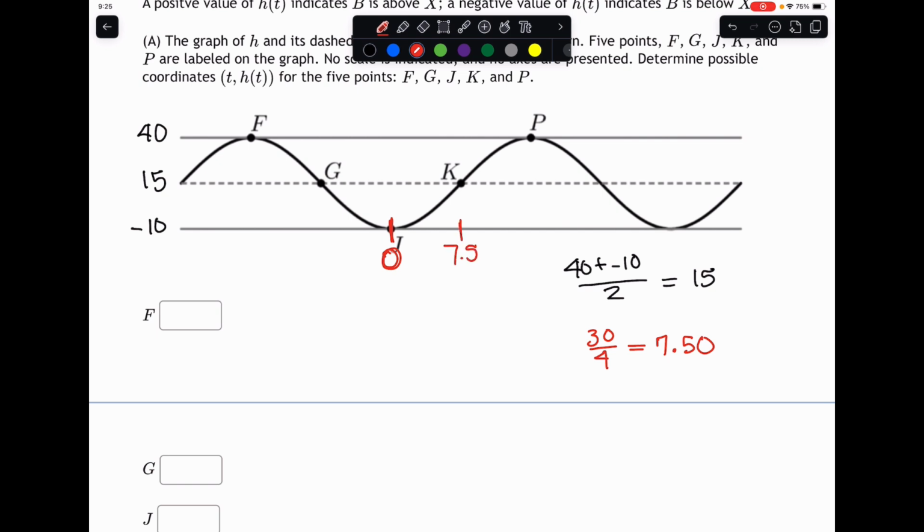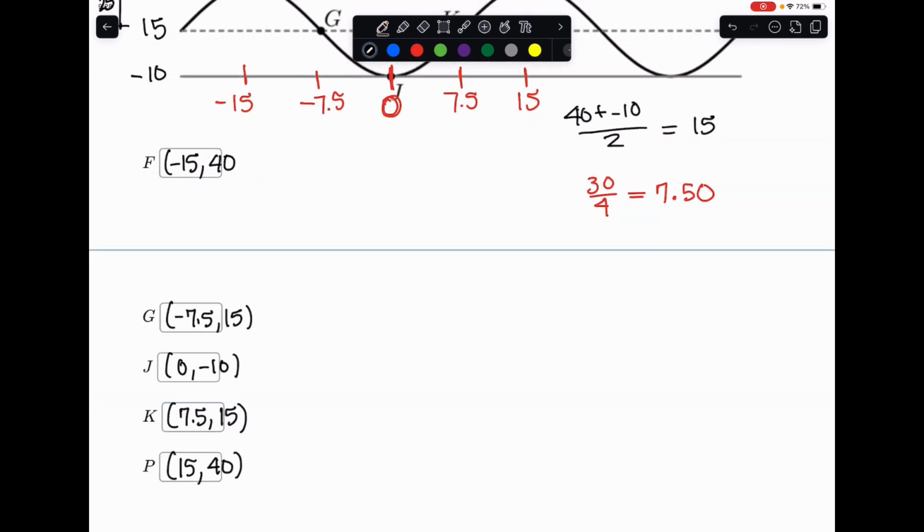So this adds 7.5. This would be 15. And the values to the left of J would subtract 7.5. So negative 7.5 and negative 15. So we have now our x coordinates. So here you have your answers for the coordinates for F, G, J, K, and P.